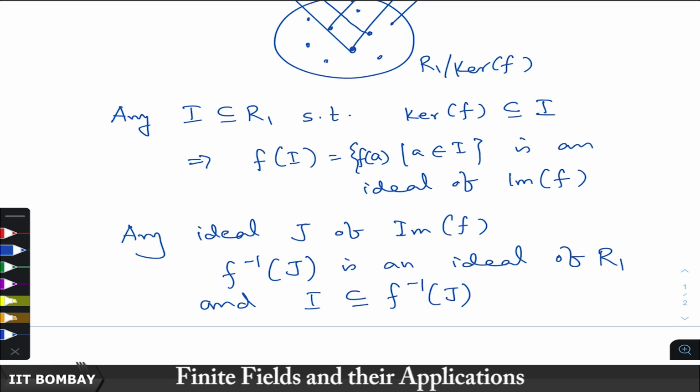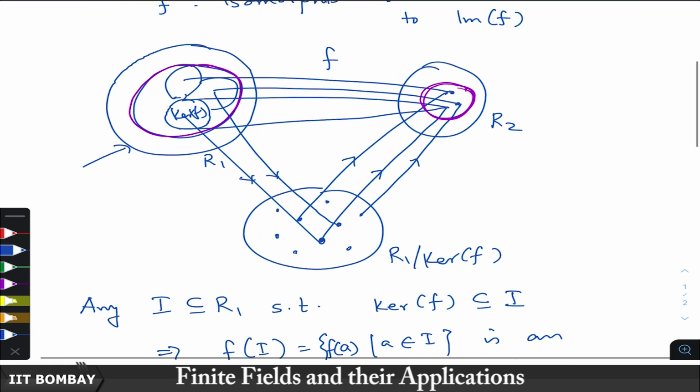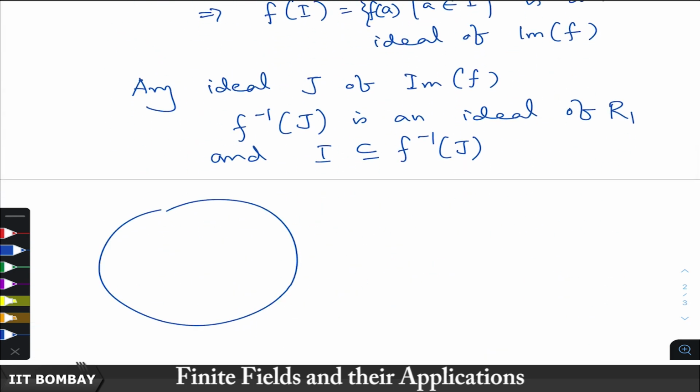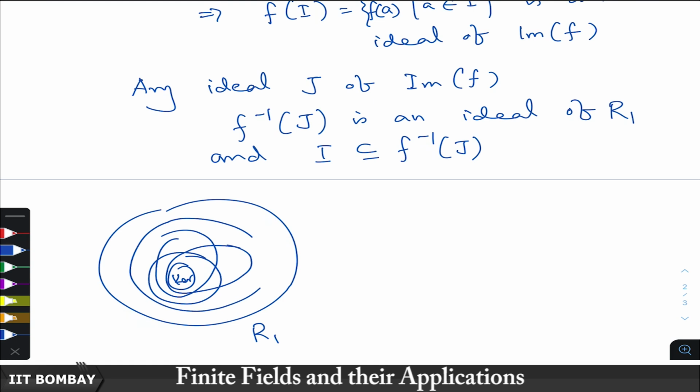Okay. So, these two facts together are saying that there is a one-to-one correspondence between ideals of R1 which contain kernel F, like these, there are many ideals which contain kernel F, and the ideals of R2. The 0 element corresponds to kernel F, and all ideals contain the 0 element.